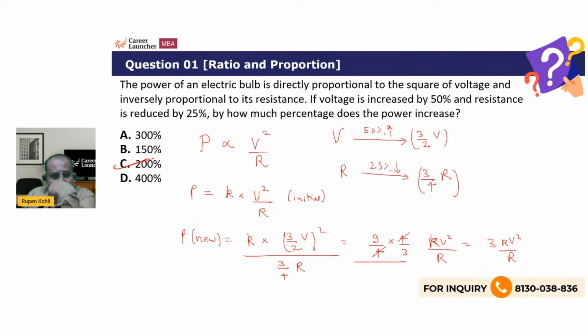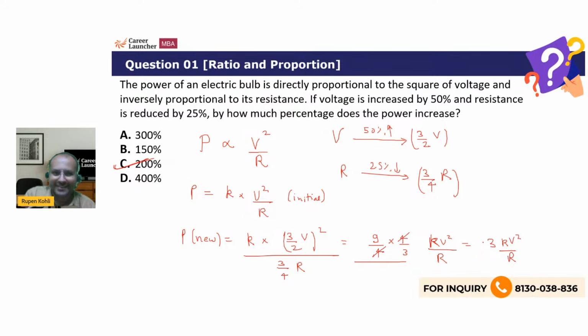So Roger, how are you getting A? I think you missed the point, because you're getting a factor of 3, so you're saying 300%. The question is not asking what percentage of the initial the final power is. That's a typical mistake. It is 3 times the initial, so it's not 300% more, it's 200%.